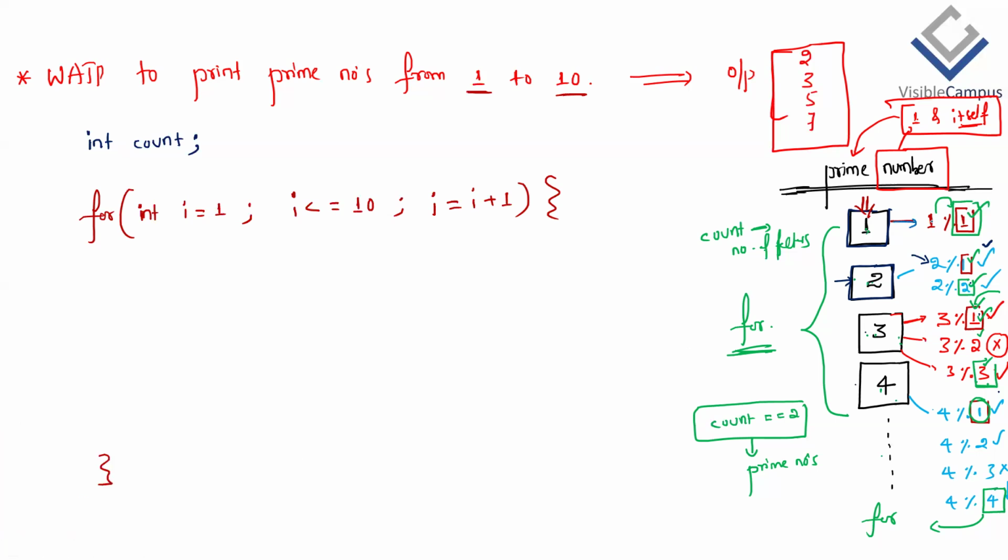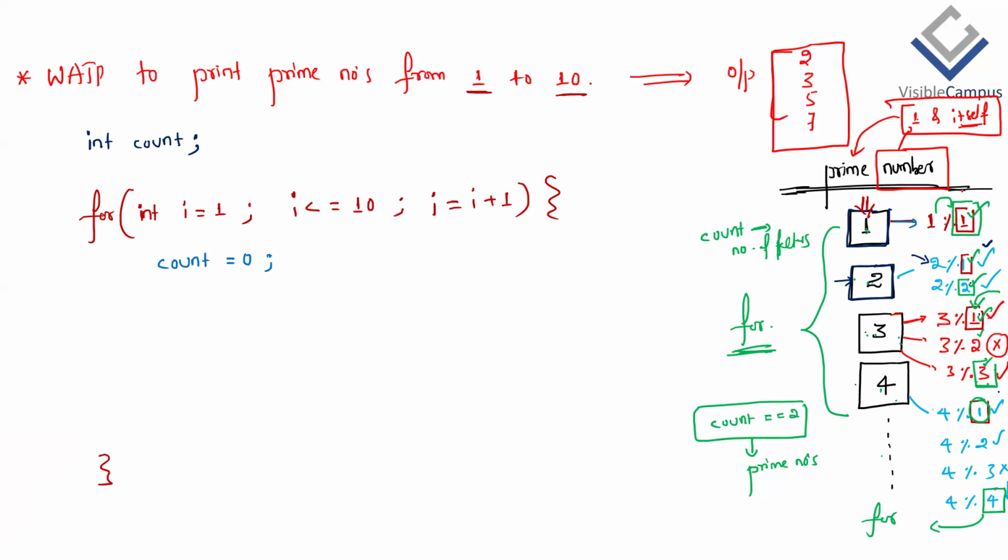For that, we have to make count as 0. So this is the appropriate place to initialize the count value to 0: inside the outer for loop, outside the inner for loop. That's the proper location for initializing the count value to 0.